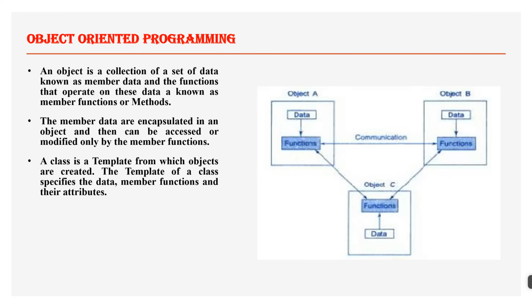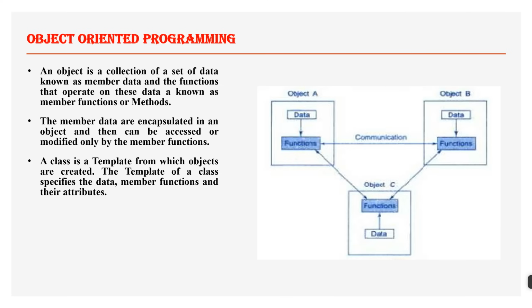Now, how are you going to define this member data? How are you going to define an object? For which we require something called a class. A class, what is a class?